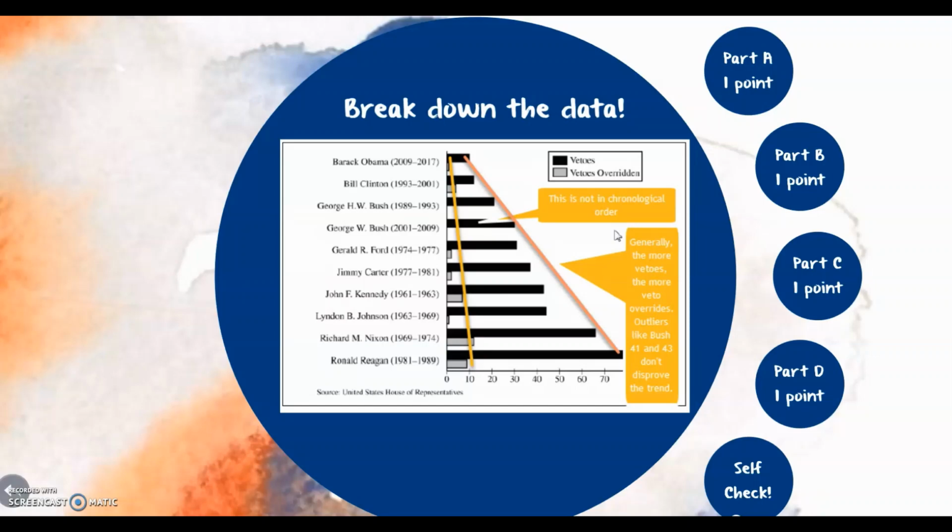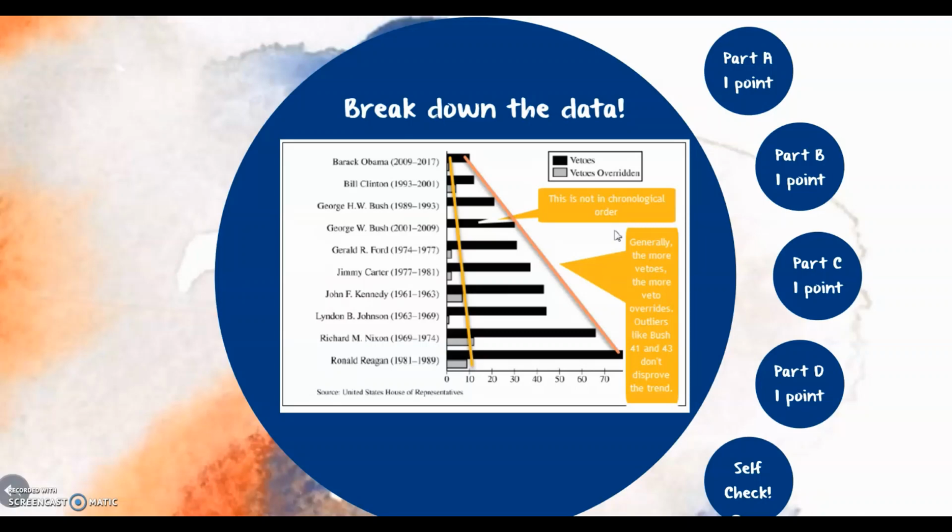I mean, or even the other thing, and this is really strange, and I don't think this is intentional, is that it's in alphabetical order. But I know that's not actually what's going on here at all. If we take a look at this, the most logical explanation of what's happening with the data is that we're looking at an increase in the vetoes through different presidencies.